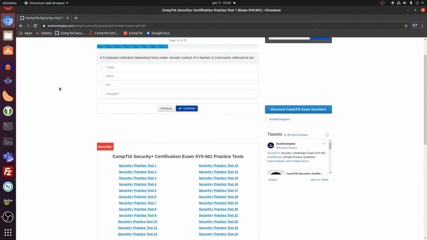Okay, next. A malware-infected network host under the remote control of a hacker is known as a bot. A bot, yes. Honeypot is a server that attracts hackers, and by attacking that server, you leave traces as a hacker, especially if you're not very familiar with hacking and how to disguise yourself. Honeypot is what it says.